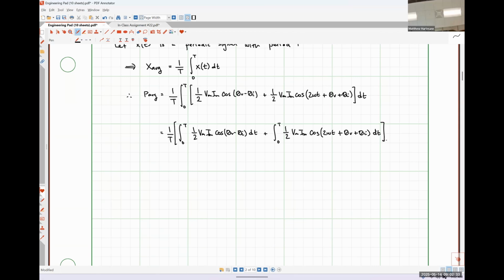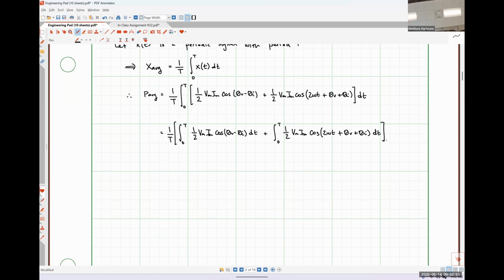I want us to look at that second integral first. We have broken this down into essentially our DC term, which we're integrating, and then the integral of our AC term.